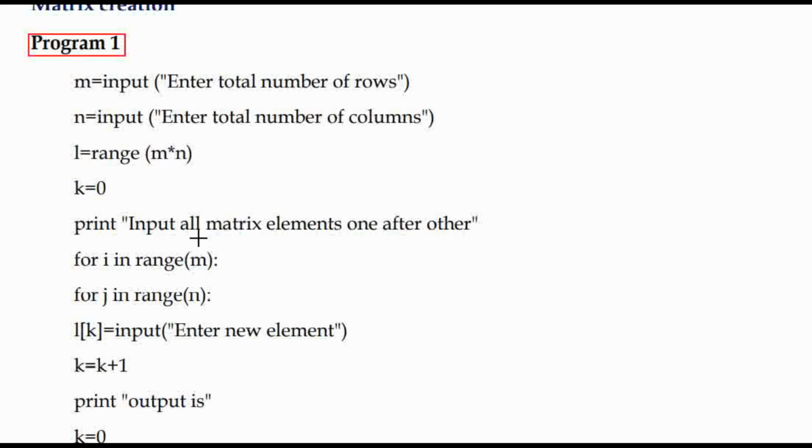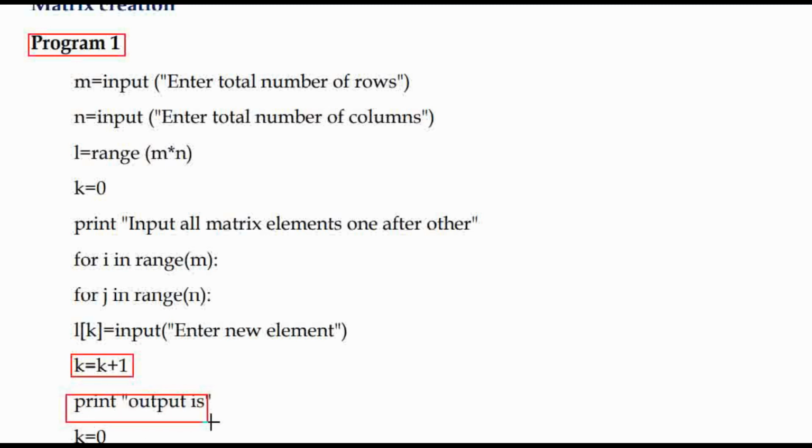Print input all matrix elements one after another, for I in range M, for J in range N: L[K] equal to input, enter new element, K is equal to K plus 1 for incrementing the pointer.